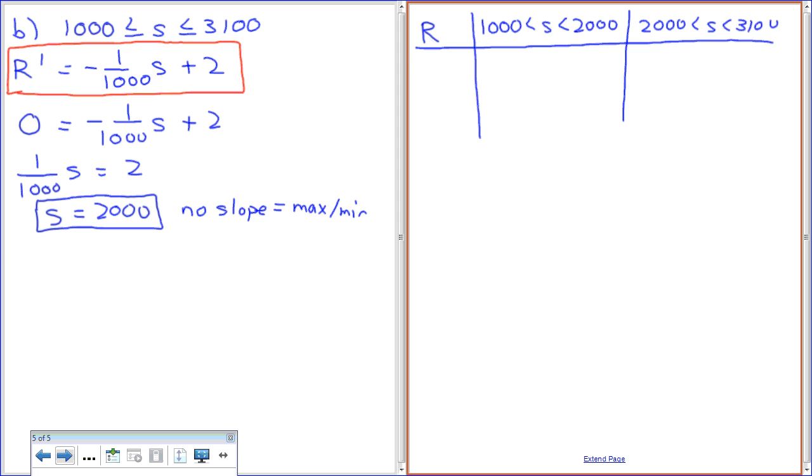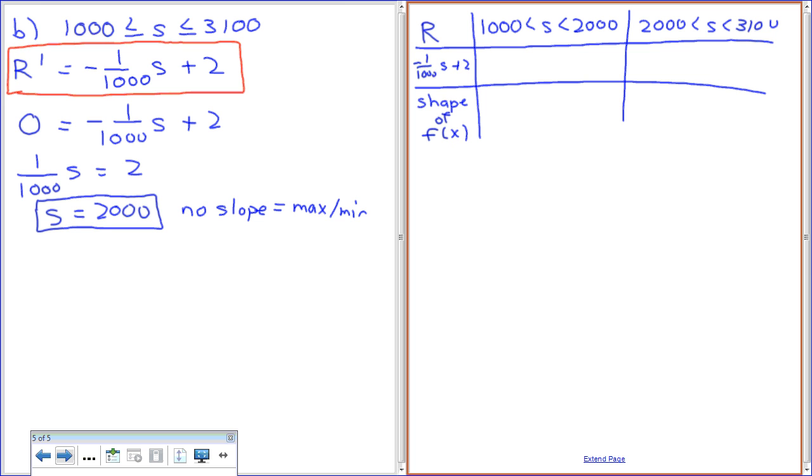Unfortunately, we only have one equation, and then it's going to be the shape of f of x. Okay, so that's what that says. If you can't read, it says negative 1/1000 S plus 2.